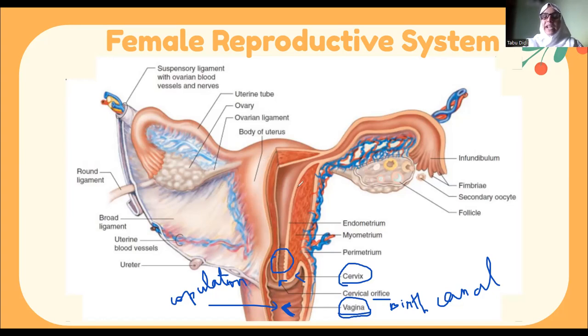When pregnancy happens and the baby is developing inside the womb, this muscular bag-like structure, which is known as the uterus, has its cervix closed.